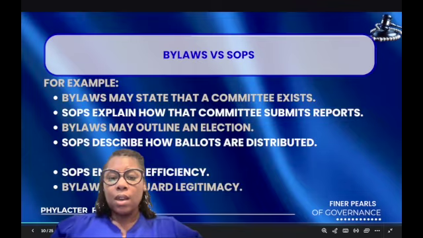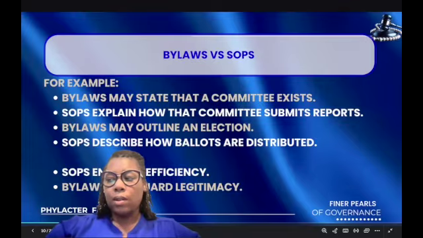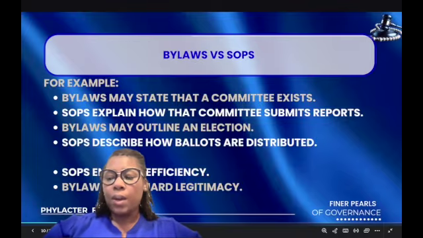The SOP explains how that committee submits the report. Bylaws can outline the election, but then your SOP will describe how the ballots will be distributed. So your SOPs enhance your efficiency. Your bylaws safeguard legitimacy.